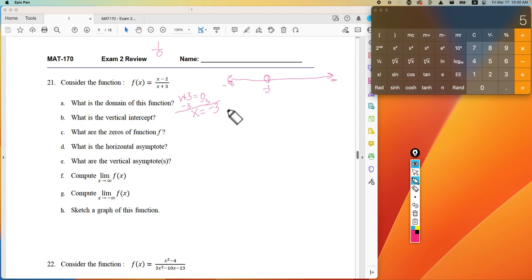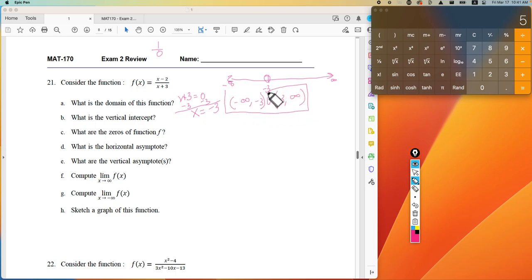So the way we write that is we go from negative infinity to -3. We exclude -3. We're going to union that with the other side of -3. So notice this is a way to take -3 out of the domain, and then everything else is included. So that's our domain right here.